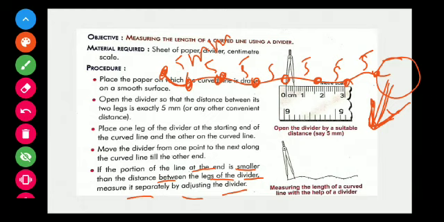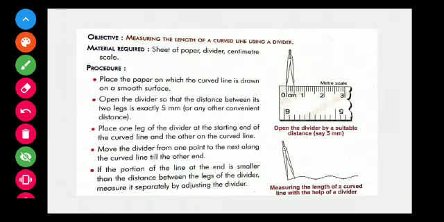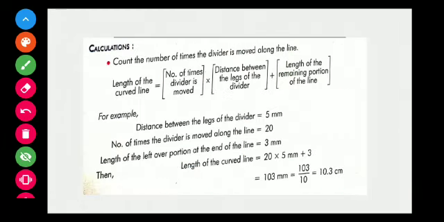Now what is the total measurement? In this case, the total measurement is the length of the curved line: the number of times the divider is moved times the distance between the legs of the divider, plus the length of the remaining part of the line. The distance between the legs of the divider is 5 mm, as in the previous slide.